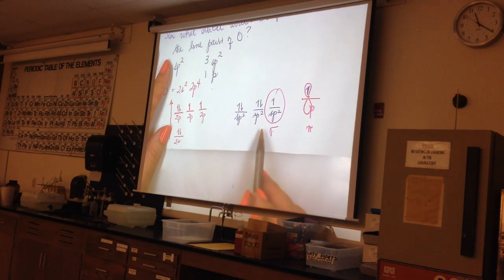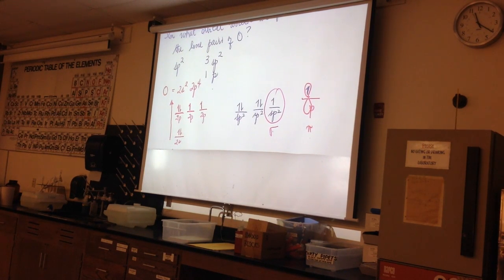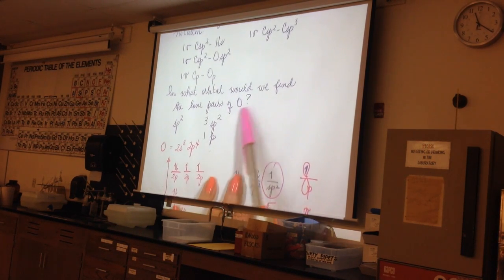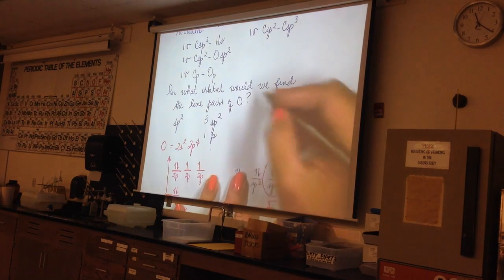Which orbital are the lone pairs located in? Your lone pairs are in hybrid sp2 orbitals. So in what orbital would we find the lone pairs of oxygen?